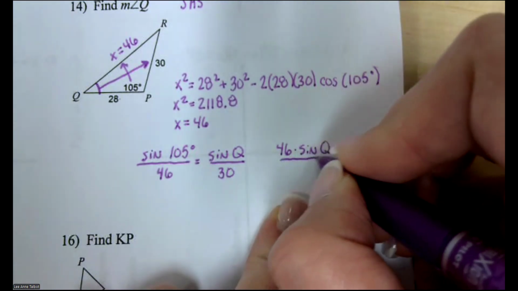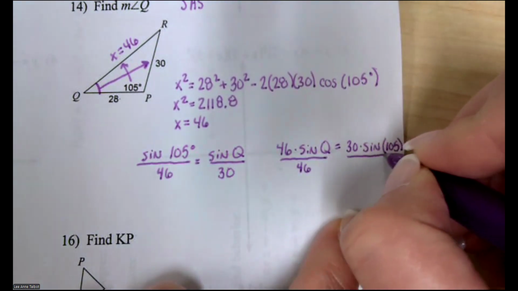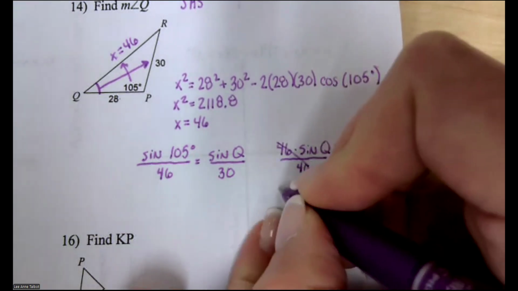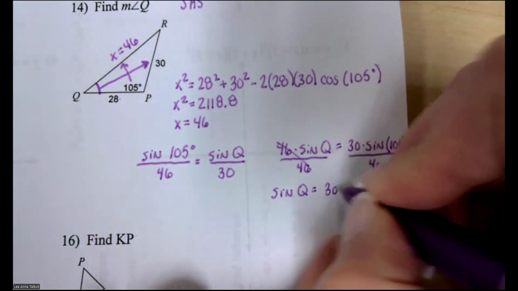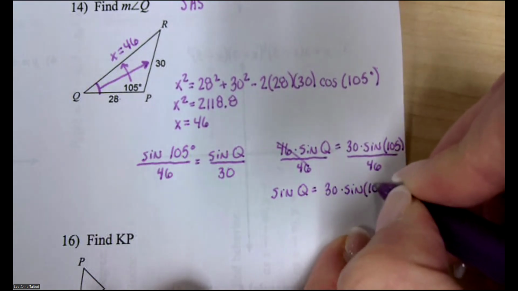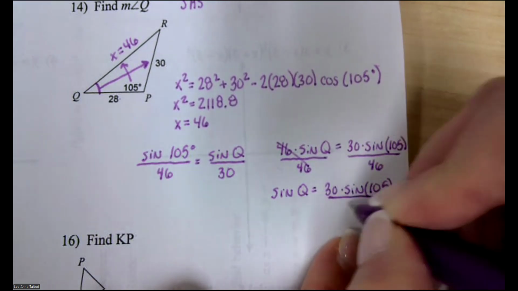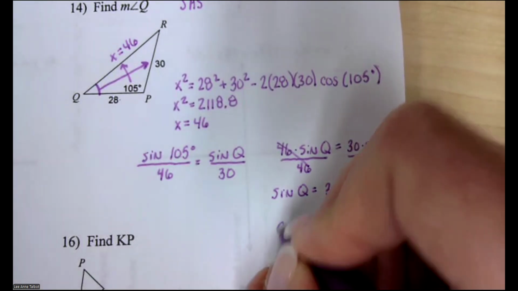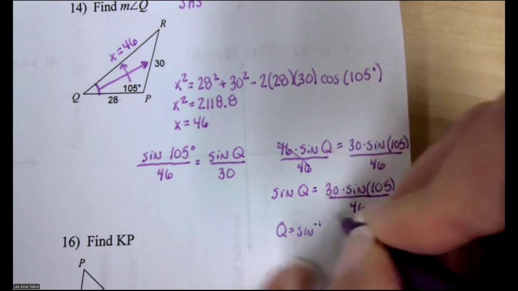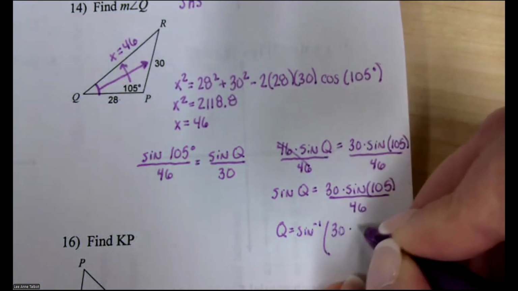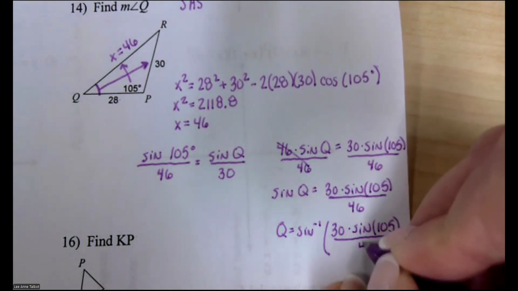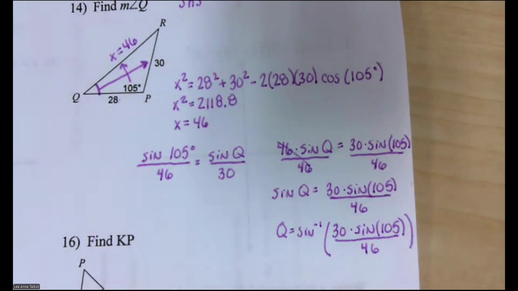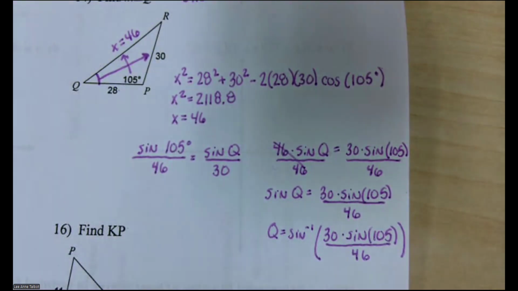Cross multiply. And then the most important thing that I want to make sure we're all getting is that you need to do the inverse when you're solving for an angle.